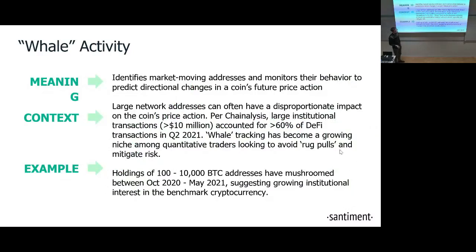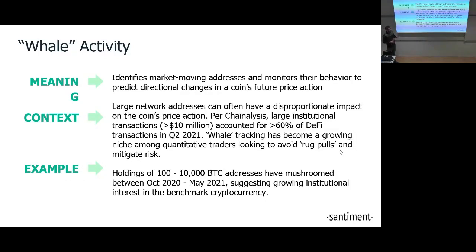Generally speaking, we are of the opinion that large network addresses still have a rather disproportionate impact on the price performance and the general market performance of the coin. There was an article on the front page of Reddit yesterday, I believe, which said that Bitcoin is largely headed by a minority of large addresses and concerted interest groups rather than a very decentralized and distributed coin.